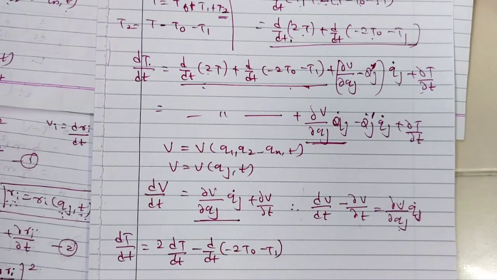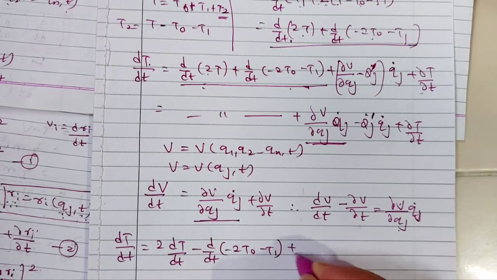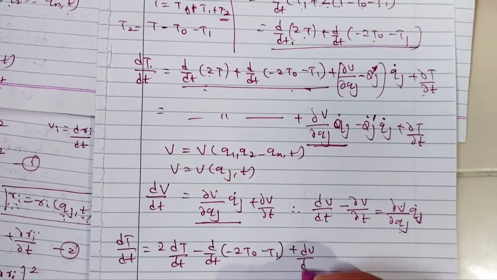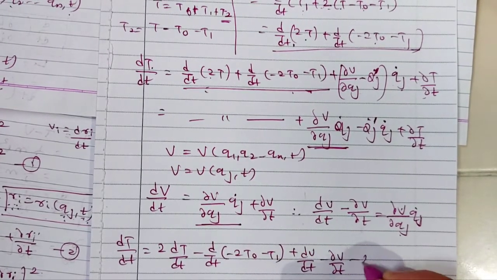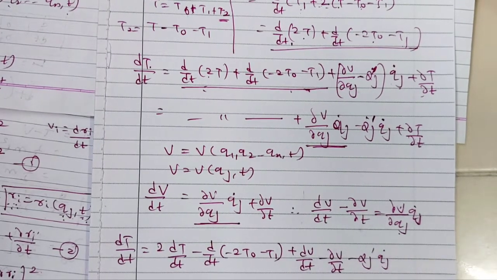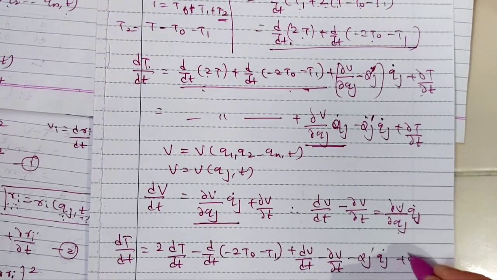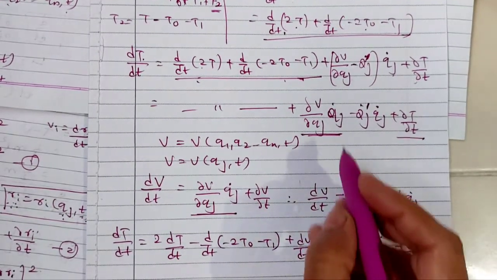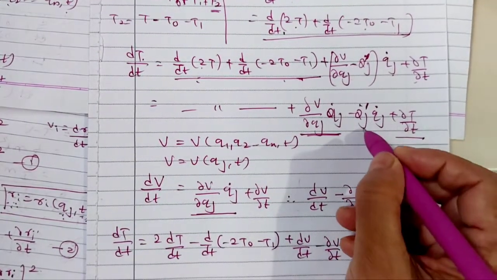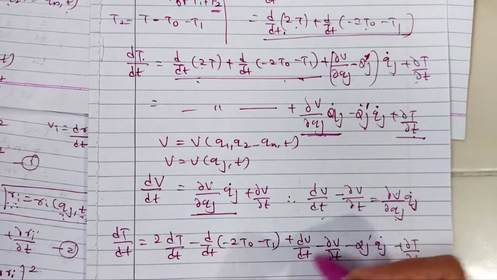Then additionally, we said plus ∂V/∂t, plus dV/dt minus ∂V/∂t minus Qj' qj dot plus ∂T/∂t as it is. So I replace this term as it is, this term as it is, and this term by these two terms.